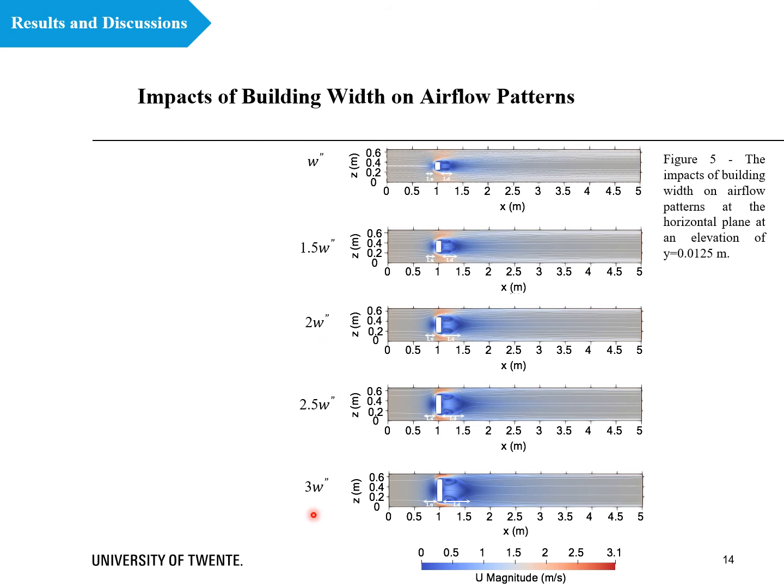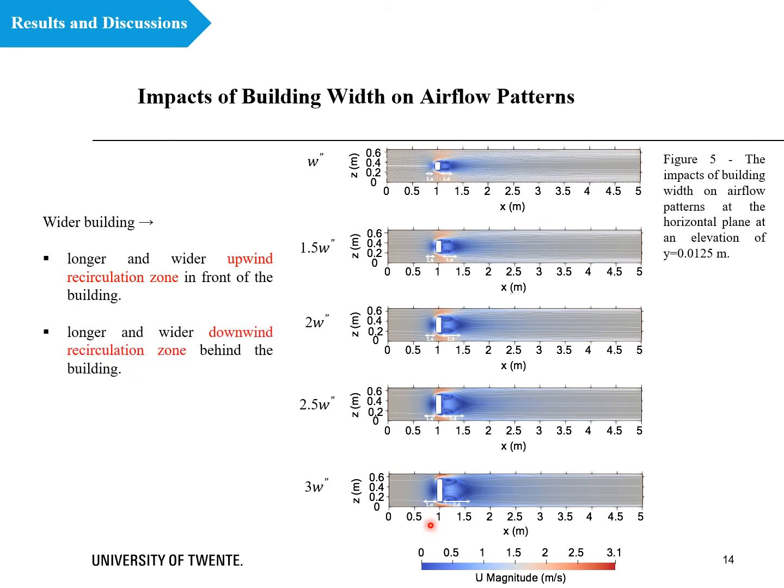It is clear from figures that a wider building creates a longer and wider upwind recirculation zone in front of the building, and also the length and width of the downwind recirculation zone behind the building increases with increasing building widths. Furthermore, the wider building impacts the velocity magnitudes for a longer distance downstream of the building.